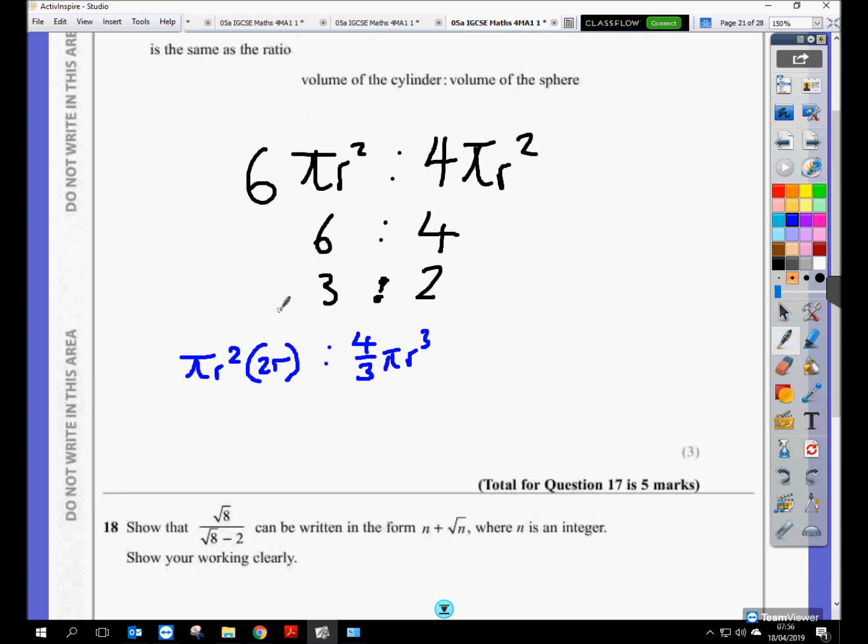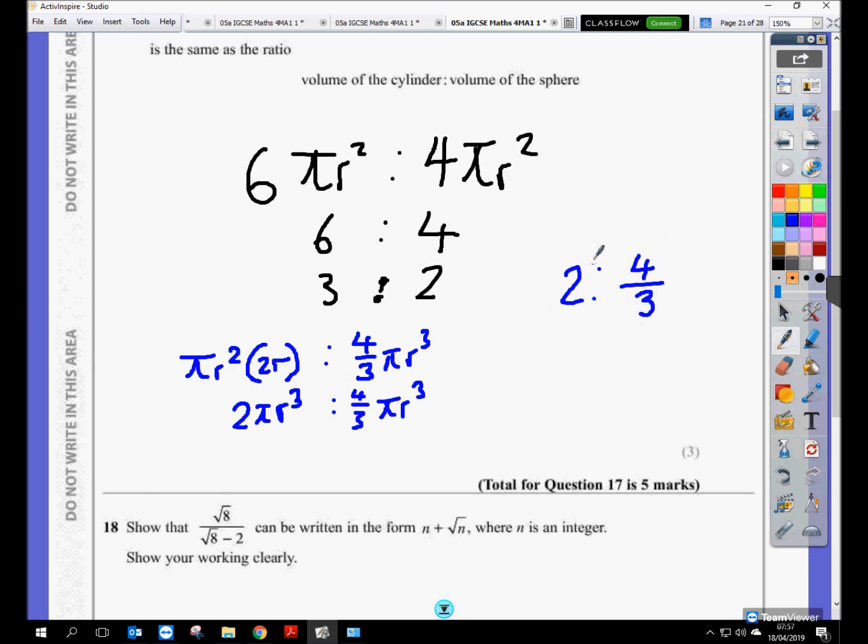And I know that r is r. So what can I do here? Well, let's just rewrite this. So I have 2 pi r cubed to 4/3 pi r cubed. Now if I divide both sides by pi r cubed, I end up with 2 to 4/3.